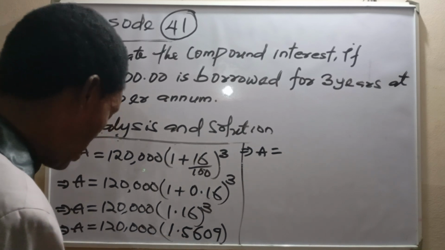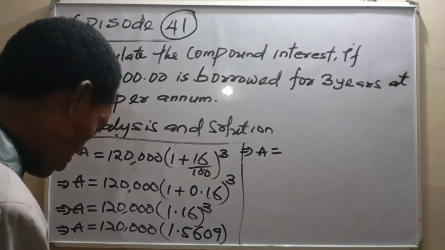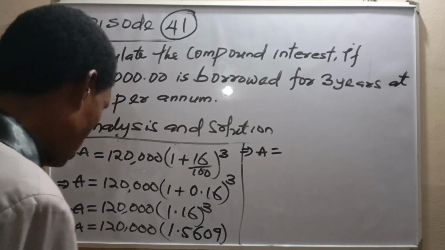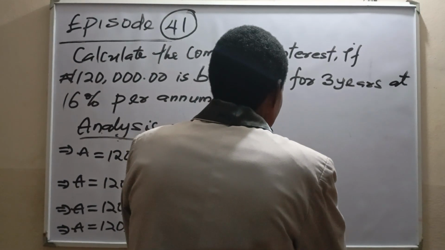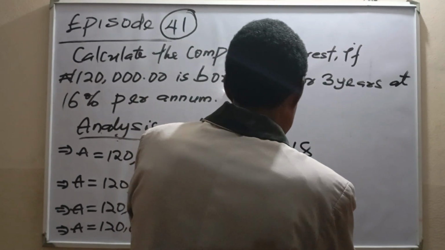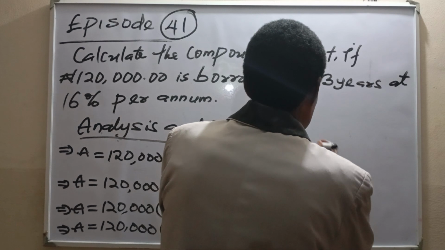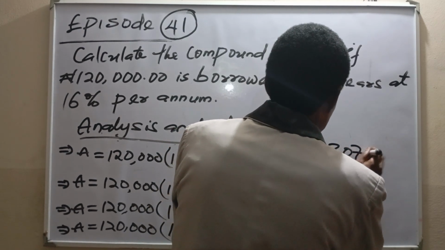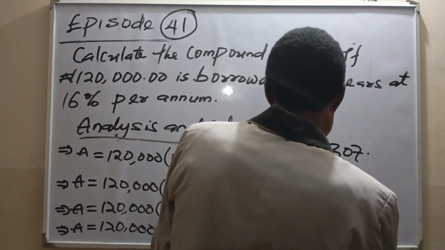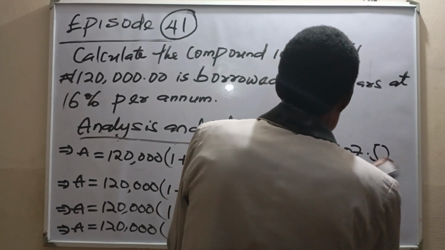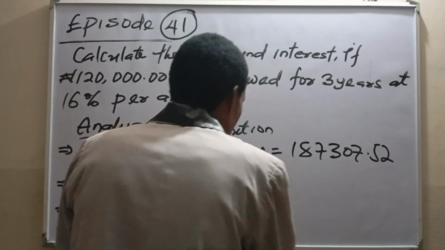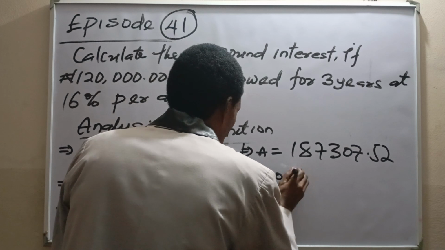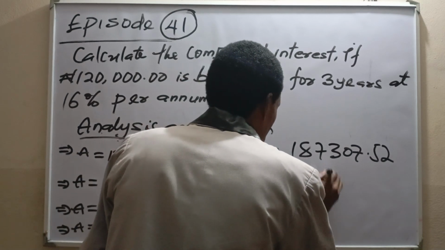Just multiply, and this one becomes the amount.